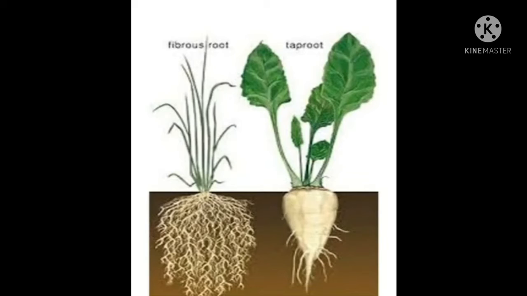That's why these types of plants are called as having fibrous roots. For example, all the grasses have fibrous roots. The plants that have fibrous roots have parallel venation. The other plant you can see doesn't have the root hair just like the fibrous one.